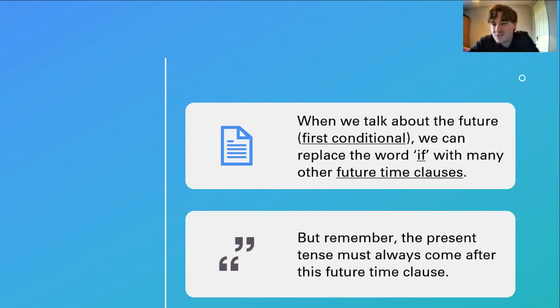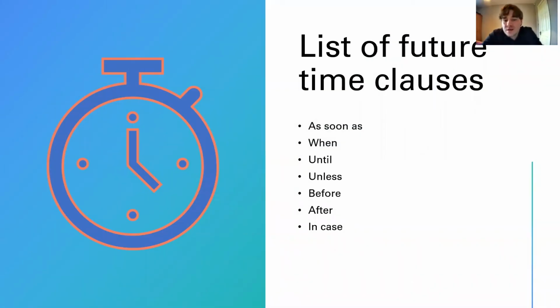So what are some future time clauses? For example, as soon as, when, until, unless, before, after, and in case. Okay, so these are some examples of future time clauses.